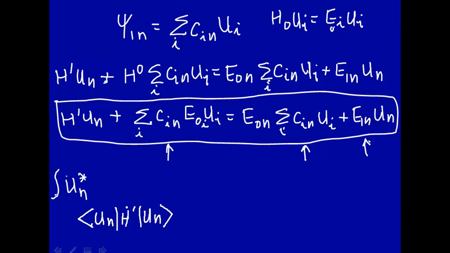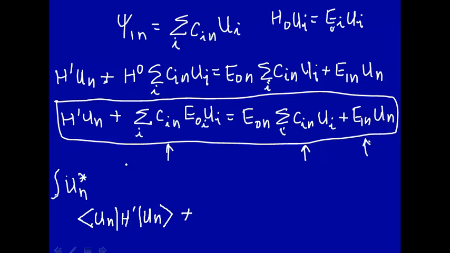So this is the perturbation part of the Hamiltonian operating on the wave functions of the unperturbed Hamiltonian. All right, let's multiply by un star here. Un star means that if n is not equal to i, because the u's are an orthonormal set, unless n is equal to i, the integration will be 0.